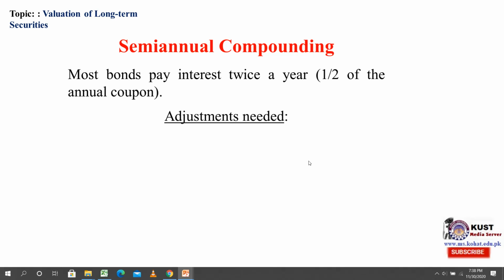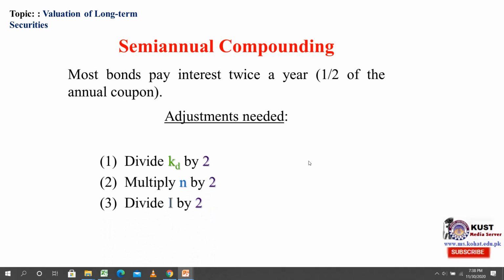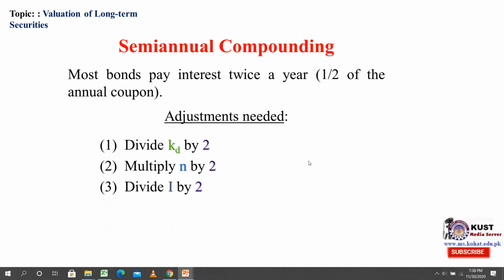So 10% will be divided by 2. The first half will be paid in 6 months, and the second half will be paid in the second half of the year. So an adjustment is needed to the formula: we will divide the required rate of return by 2.